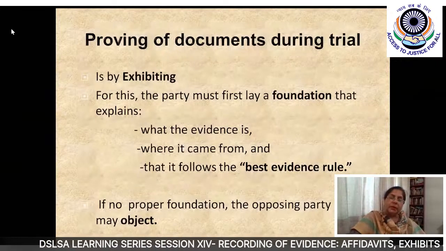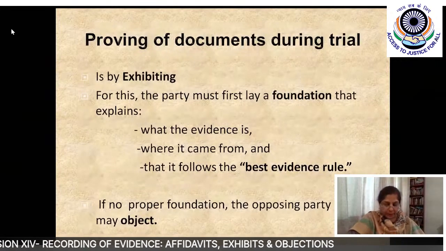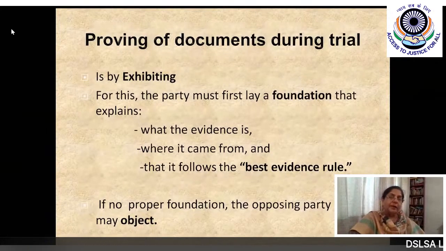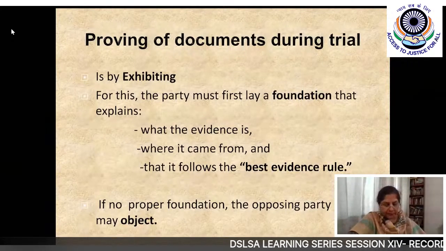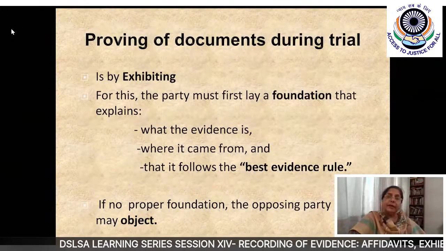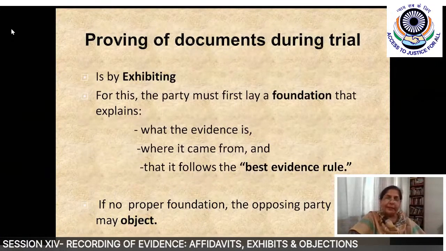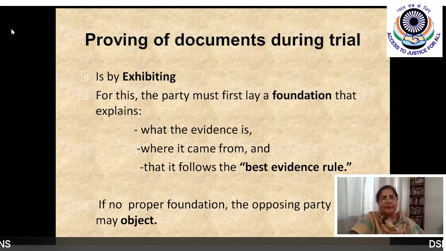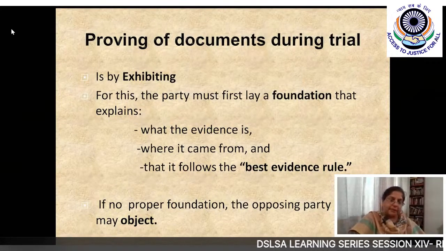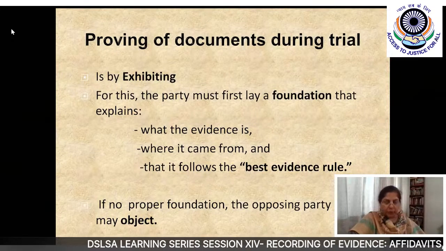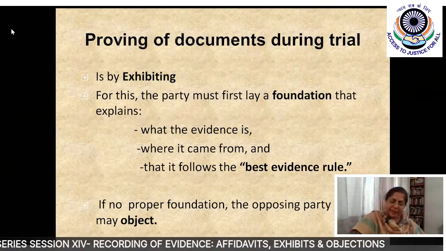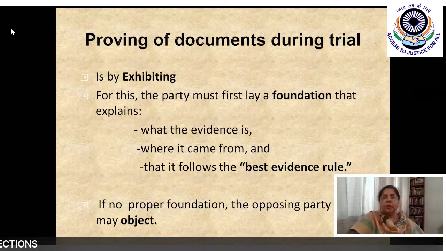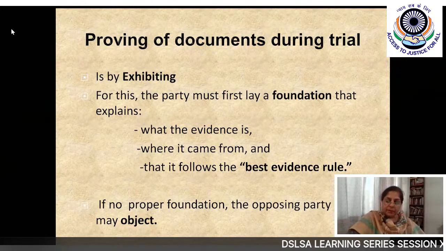Now, in my experience, when I've been working in the court, I have found that there is a great confusion of how the documents have to be numbered and exhibited. Many a times the affidavits are tendered wherein the documents are exhibited, but when it comes to formally tendering it in the court, some of those documents are missing, or some are photocopies, or are otherwise inadmissible. The confusion occurs at this stage because when the exhibits are being put or the documents are being marked and an objection is taken or a document is found to be marked which cannot be taken on record, the tendency is to renumber the exhibits.